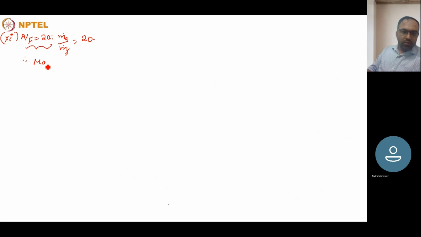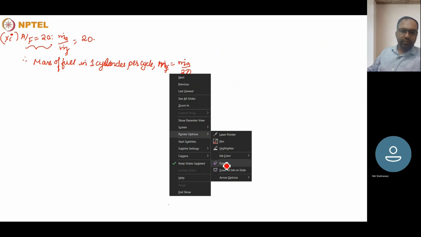Therefore, mass of air divided by mass of fuel is equal to 20. So the mass of fuel in one cylinder per cycle is equal to the mass of air divided by 20. There is no dot sign here. It's a pure mass term, not a rate.